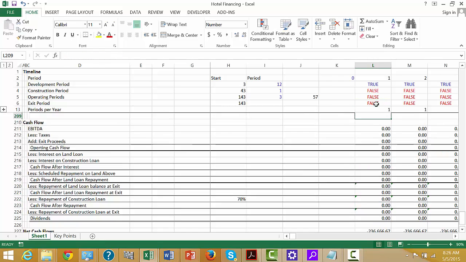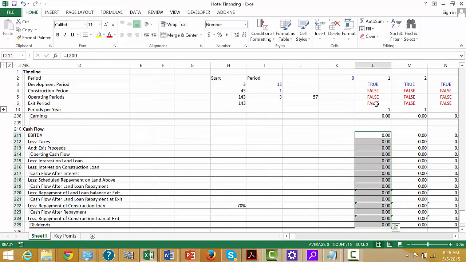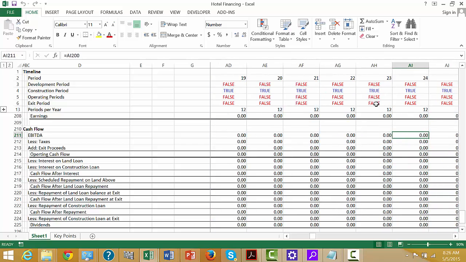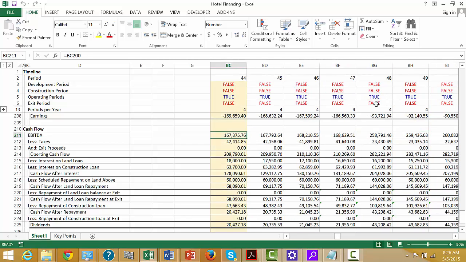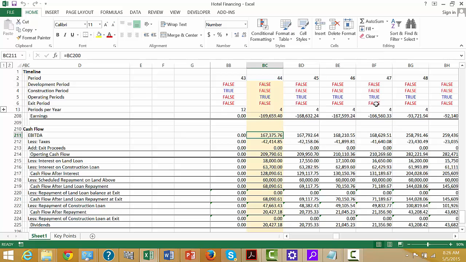Okay, and shift control R. Okay, so now we have some positive cash flow.